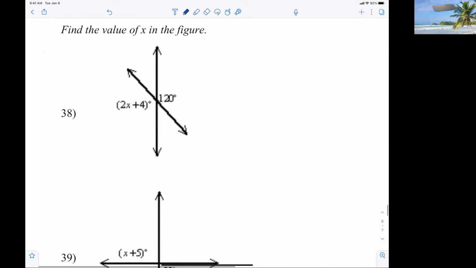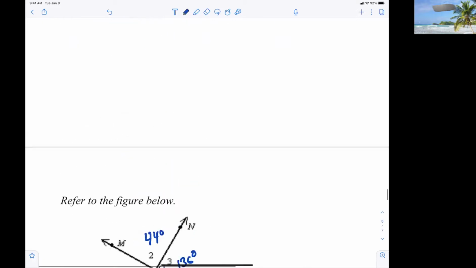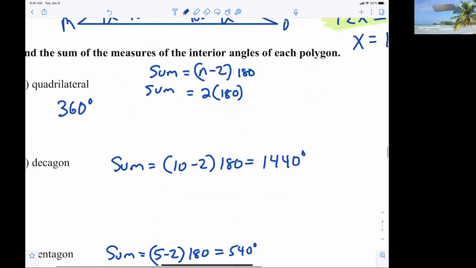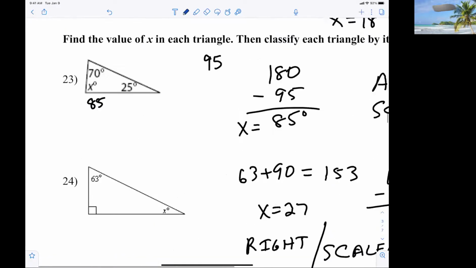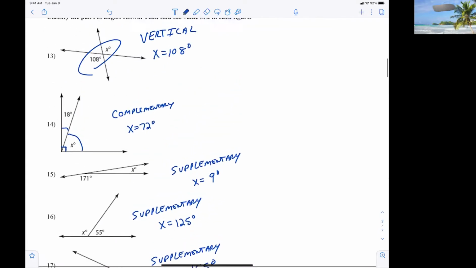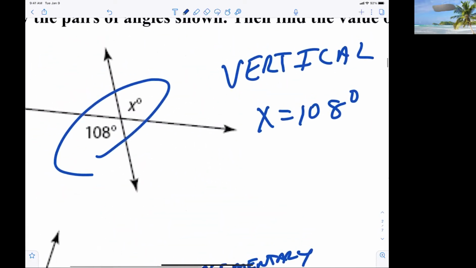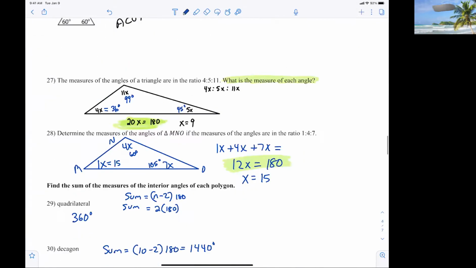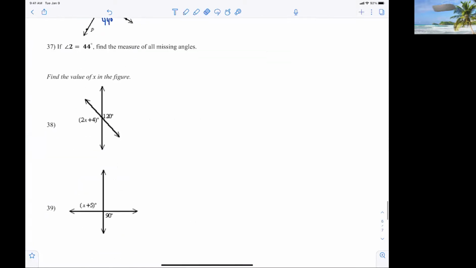Okay, you agree? 38, KK. What kind of angles are these called? Just look back in your notes then. Scroll up. What are the angles directly across from each other called? So they're vertical.